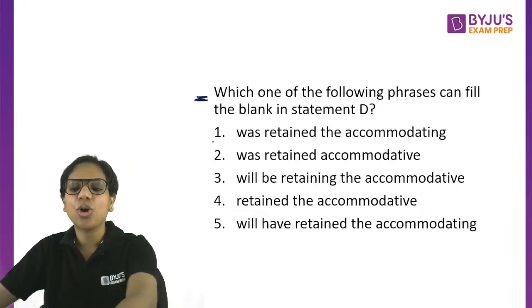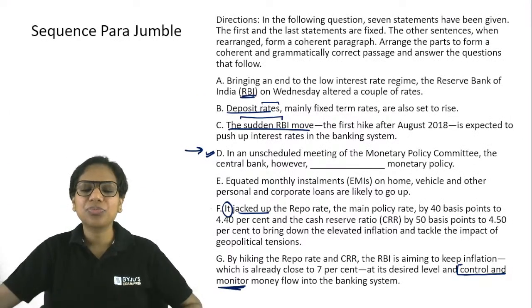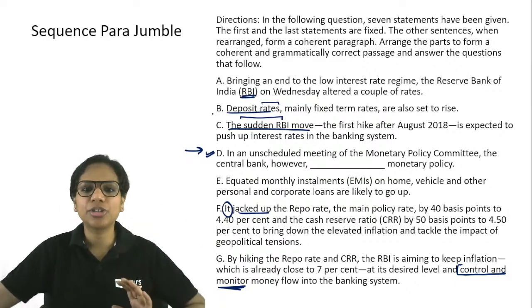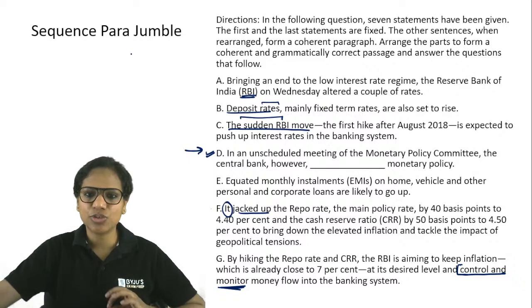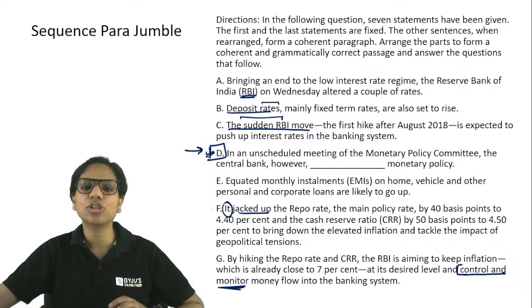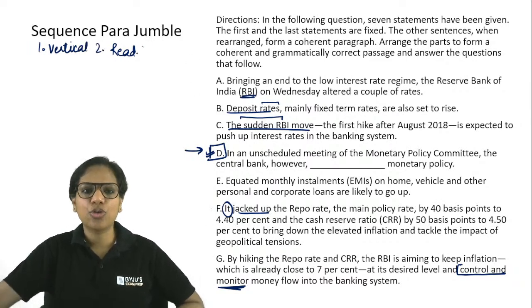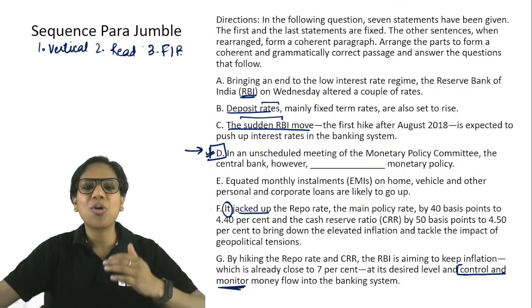So let's see what can come here. Read the parajumble first, that you will be required to do. Read the sentences first because they will give you a context also as to what should come here. So go for a vertical scan first, then read the parajumble, then go for this fill in the blank. That should be your order.